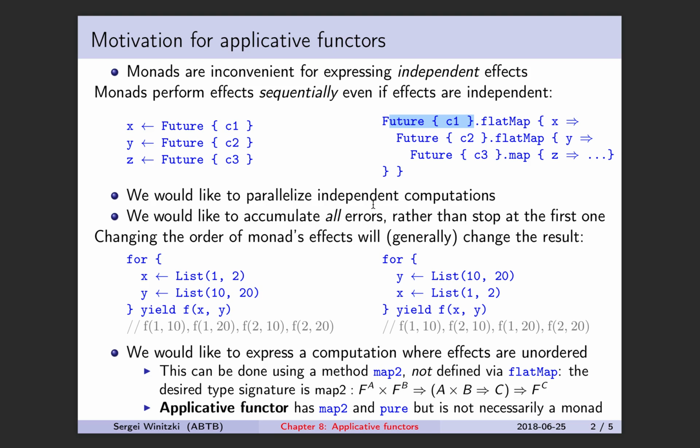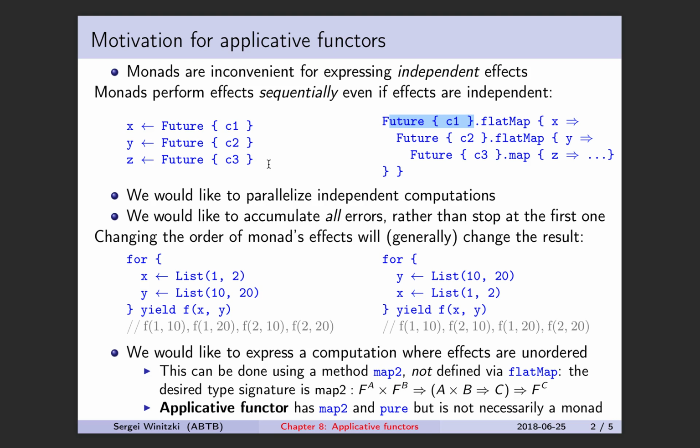And we would like to express that in a better way in code, rather than just a hacky way where you create these futures separately and then put them into some variables, and then you write this code. Because that will work for future, it will not work for some other functor.